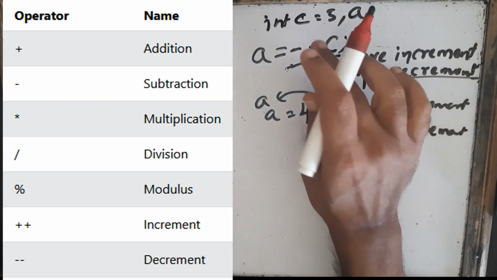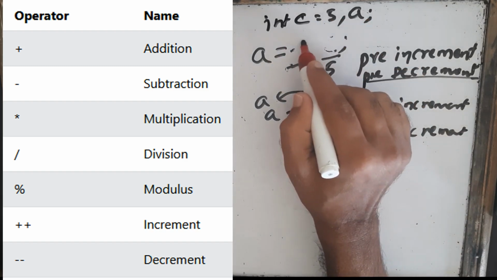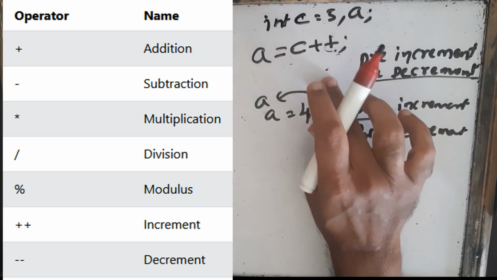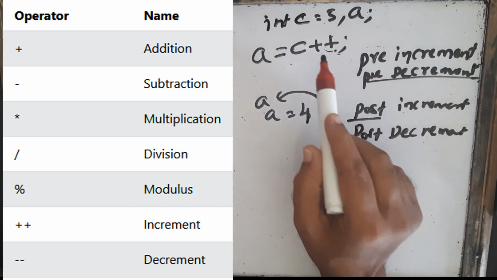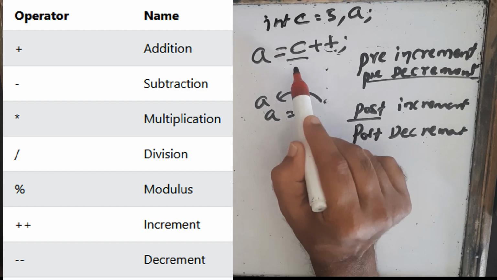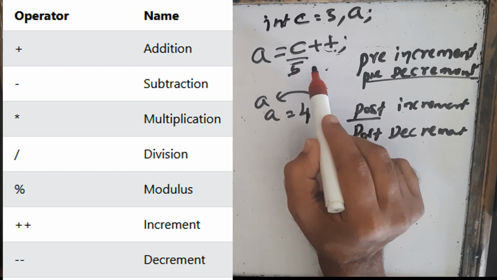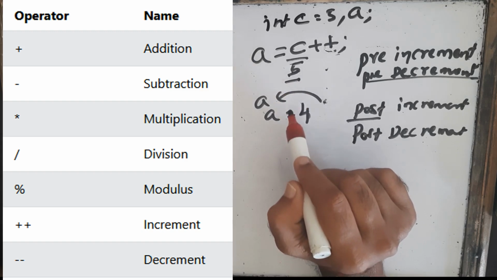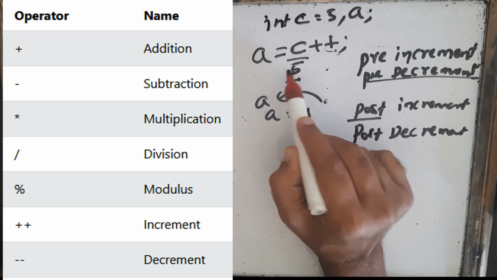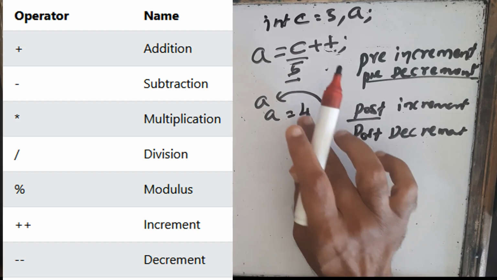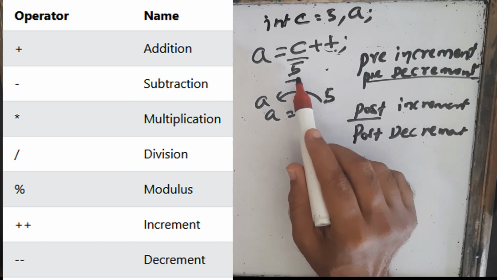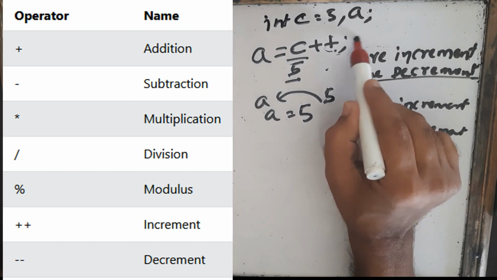Let's talk about post increment. Post increment will be something like C plus plus. C is originally 5. Whenever you do a post increment, the original 5 will be used at this line.